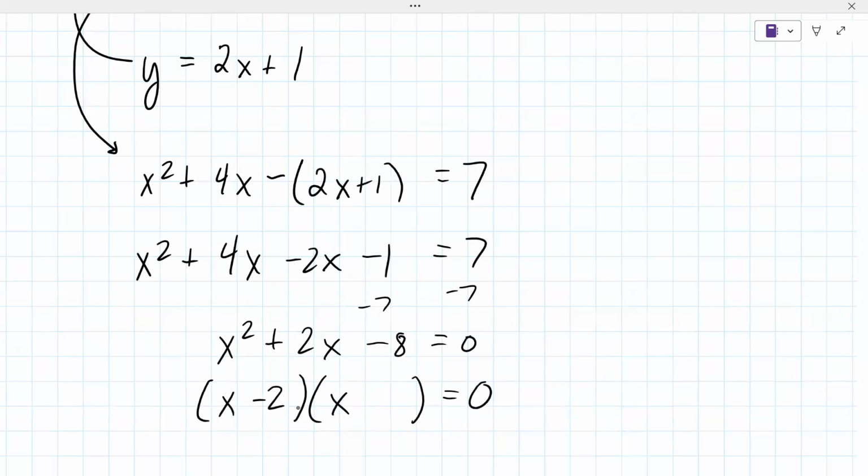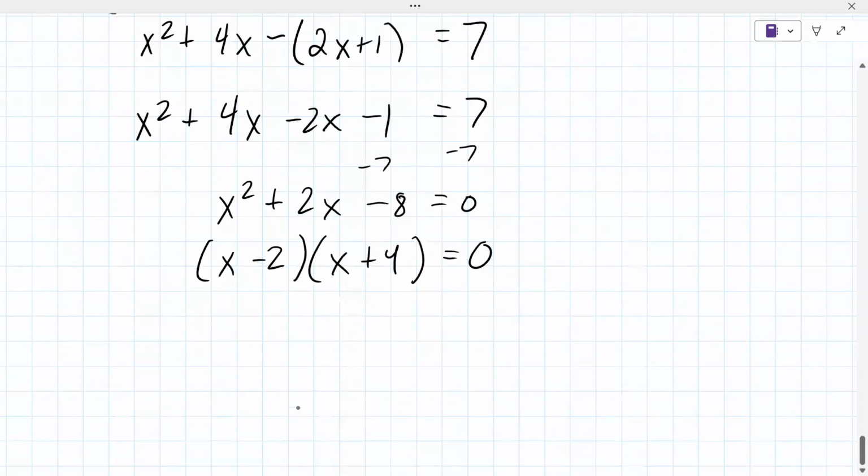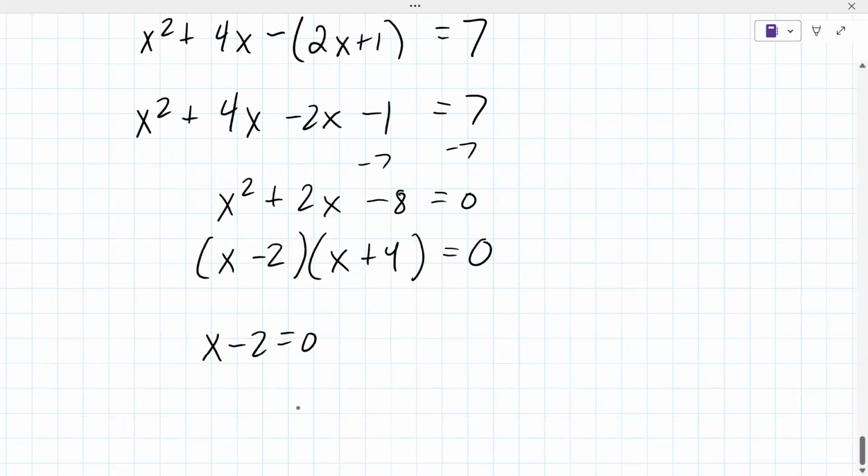Yes, that does work. And then you set each of those equal to 0, so x equals 2 and x equals -4. All right. Good job.